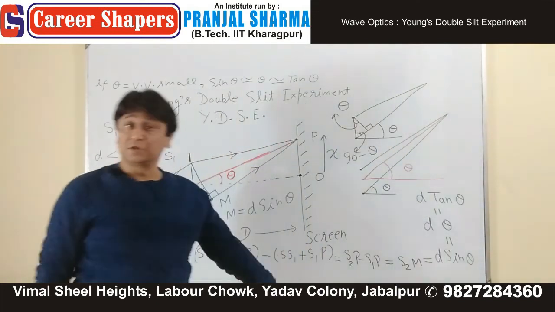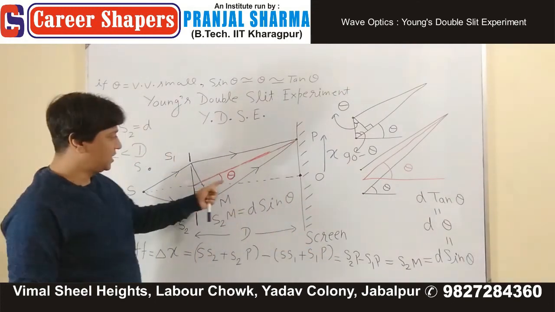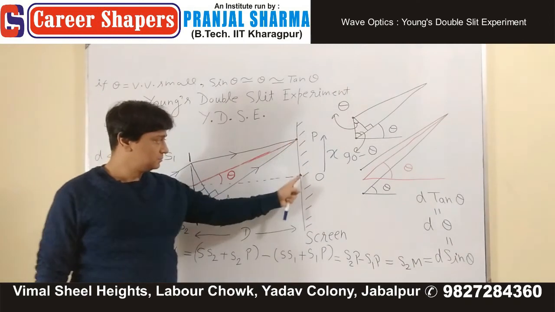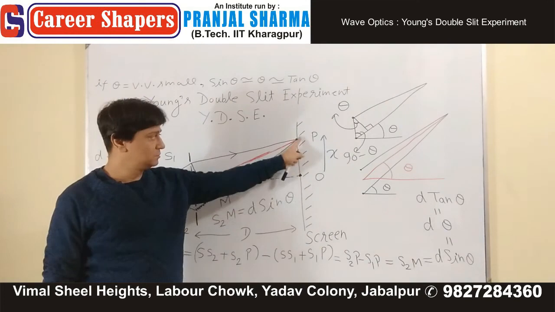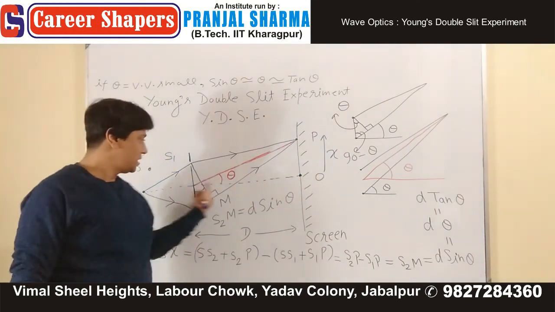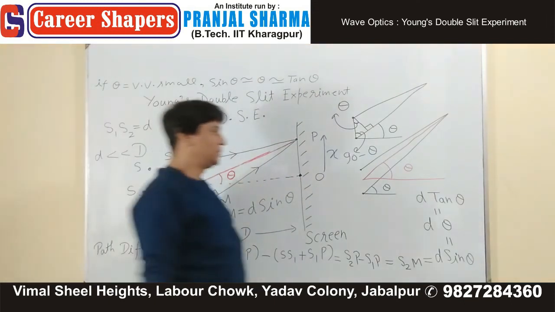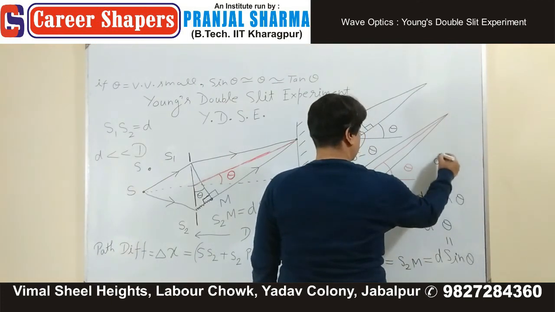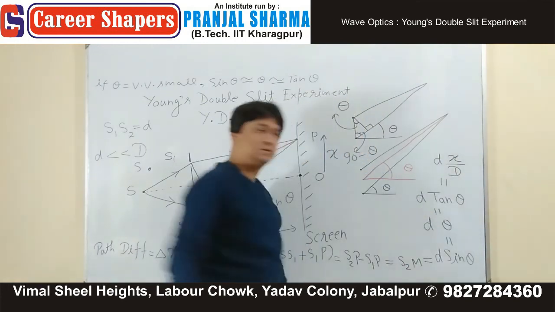Now, why did we use this relation in this figure? Because once I say tan theta, look at the larger figure. Tan theta is perpendicular x divided by base, which is capital D, and therefore d tan theta for me is perpendicular upon base.